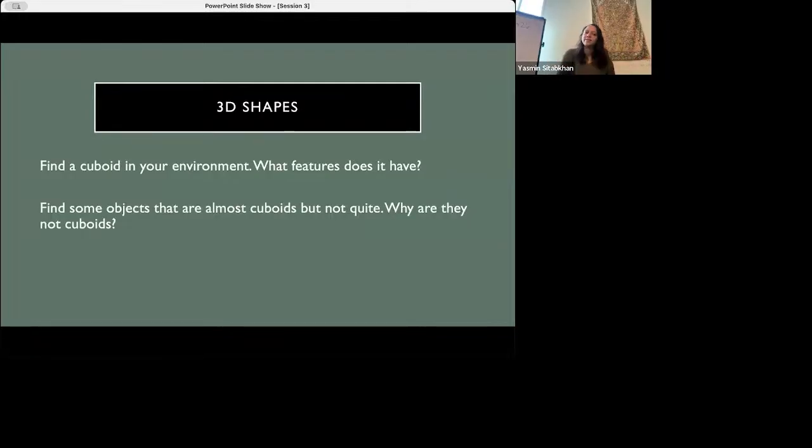Now see if you can find something that is almost a cuboid, but not quite. So look around and see, okay, what is something that I might say is almost a cuboid, but is not? And why? Yep. Walter, can you tell us why it's not a cuboid?